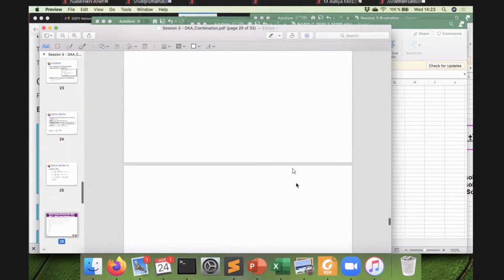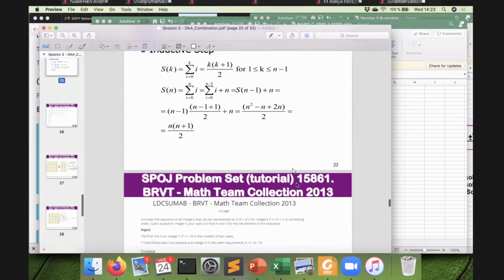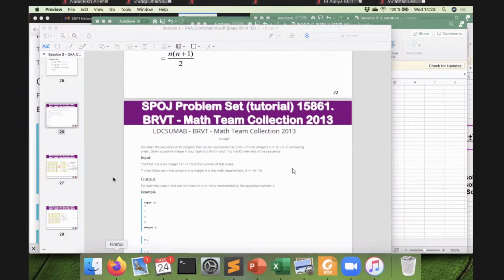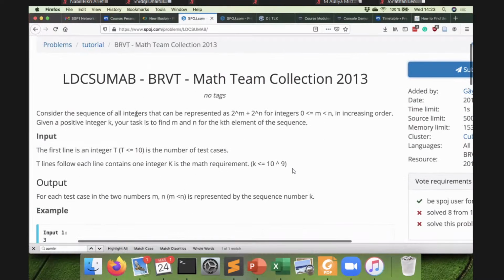And let's go visiting this one. Firstly, we'll understand, so other students will understand also. Consider the sequence of all integers that can be represented as 2 power by m plus 2 power by n for integers 0 less than or equal to m and less than n in increasing order.